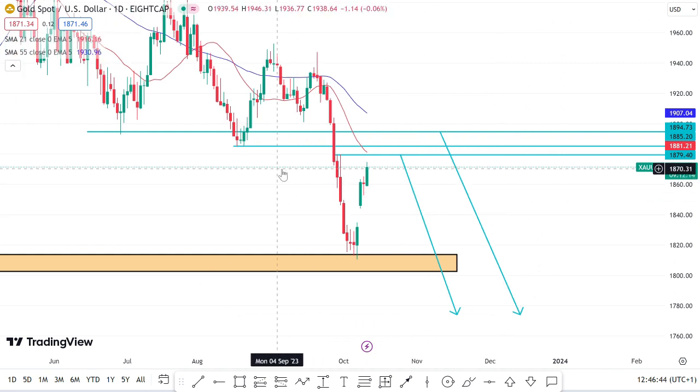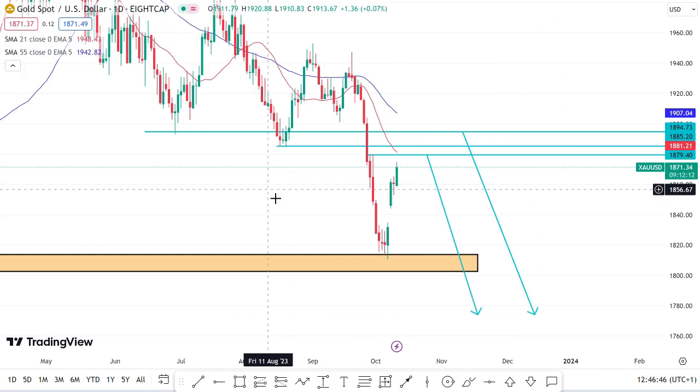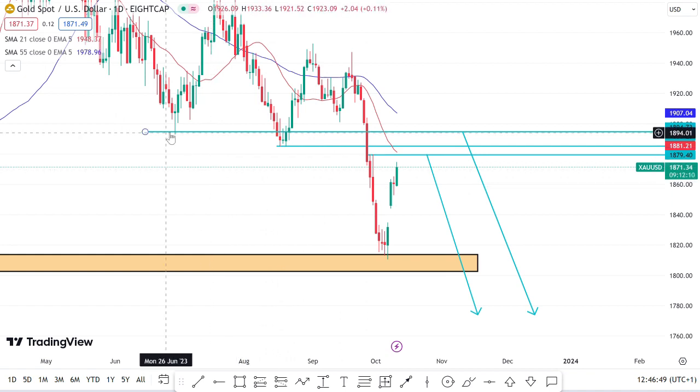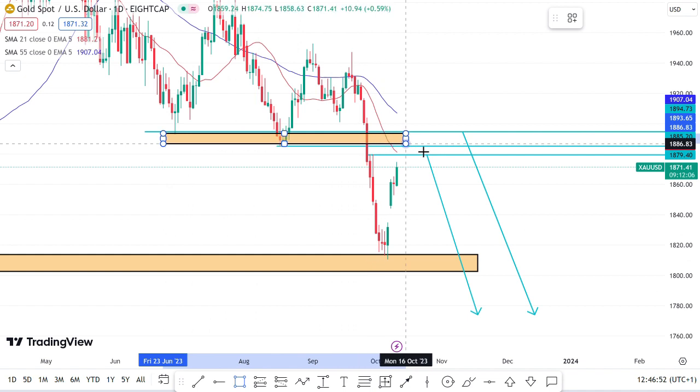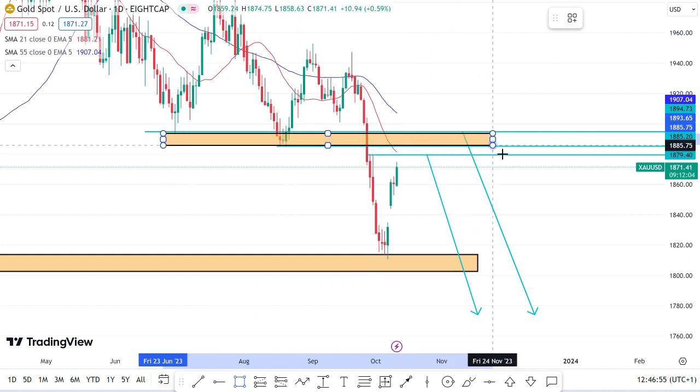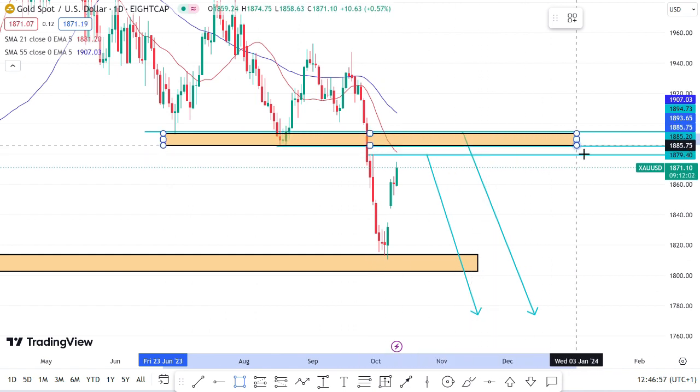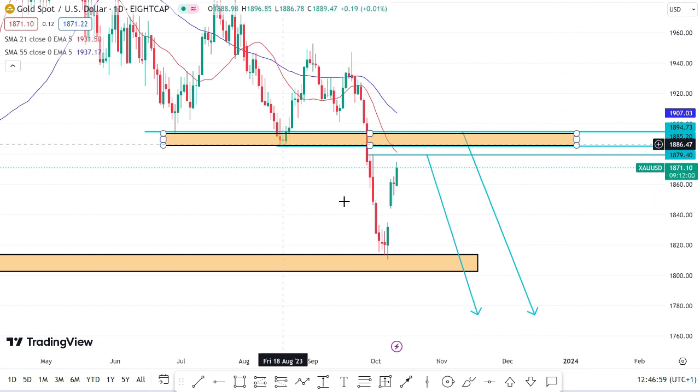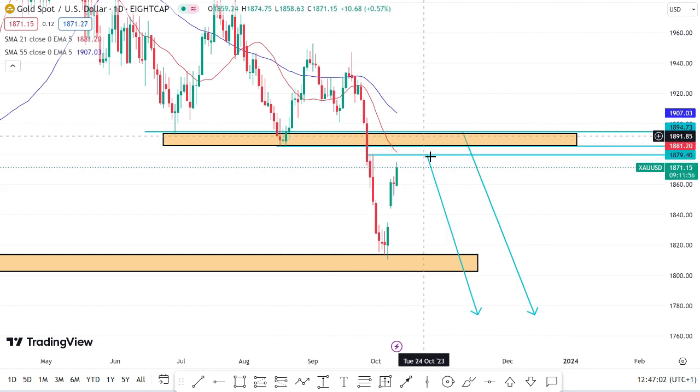So that being said, now guys, as well, I can see this is a minor zone somewhere here. You can draw this, and we are anticipating price to react somewhere here within this zone, because this is a minor zone.